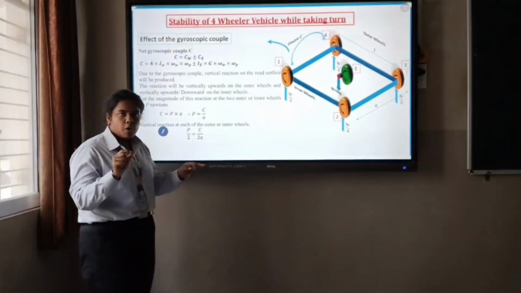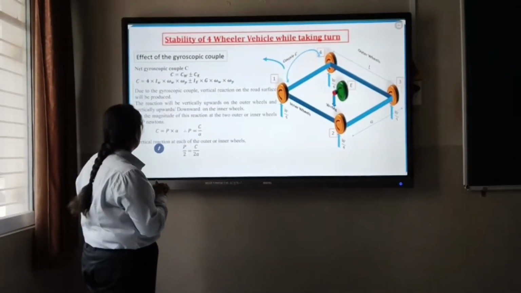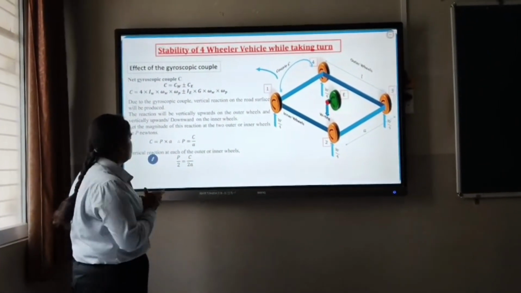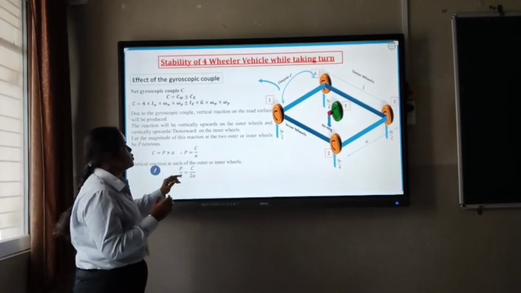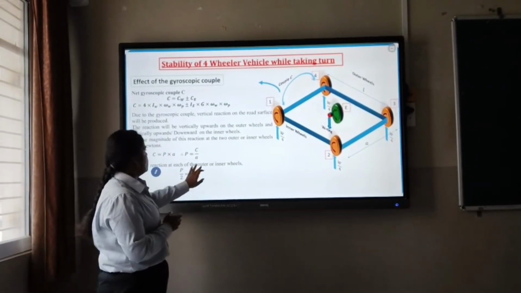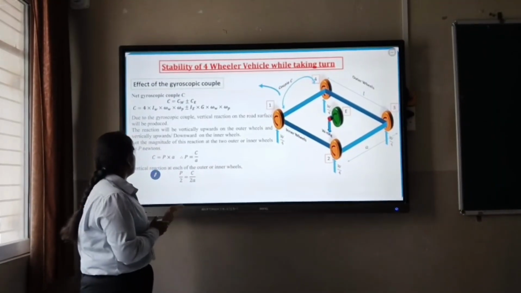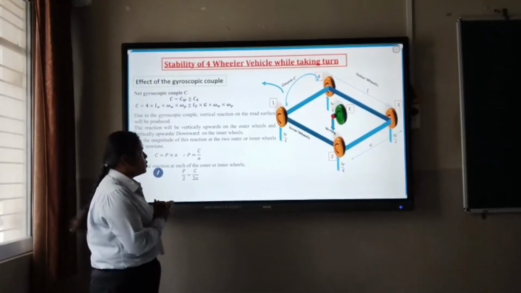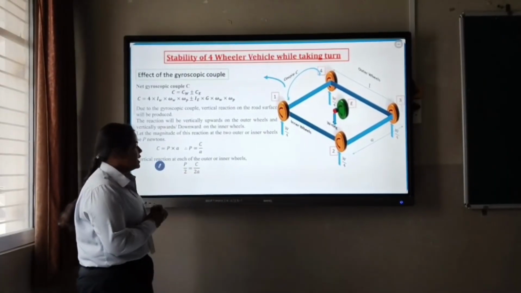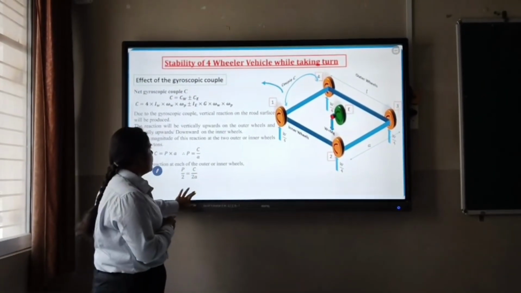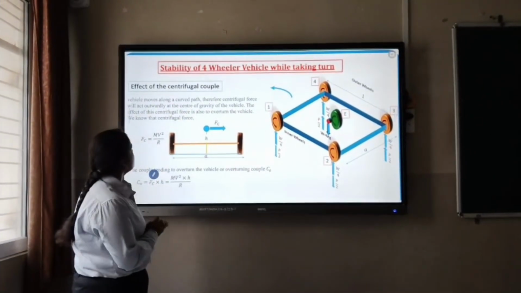Denoting the reaction by P, C equals P into A, therefore P equals C divided by A. The vertical reaction on each of the outer and inner wheels becomes P by 2, equals C divided by 2 into A.